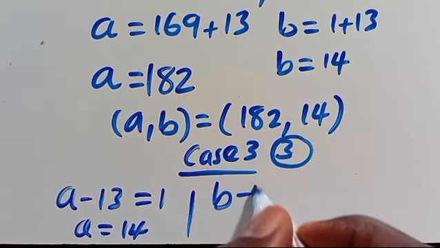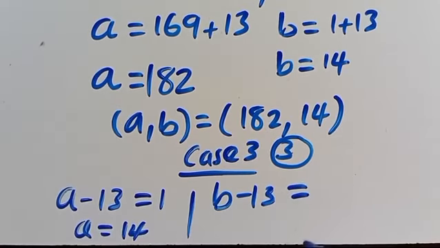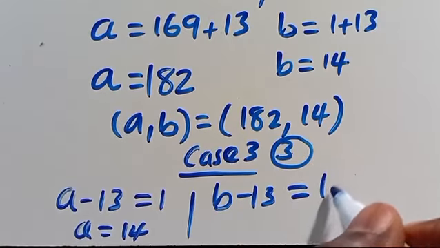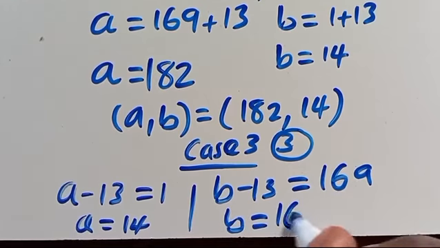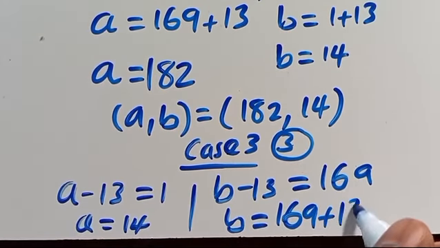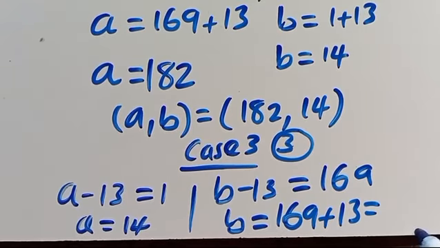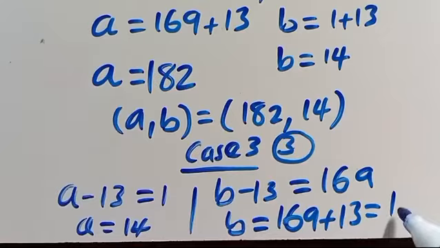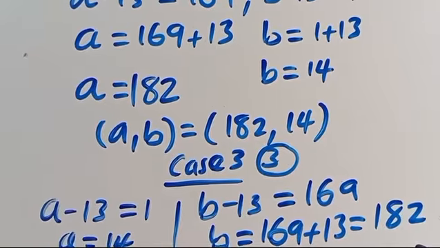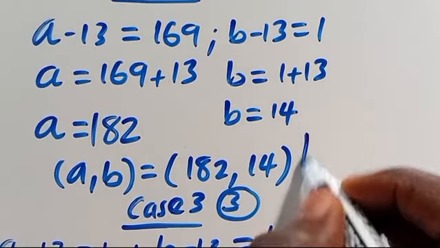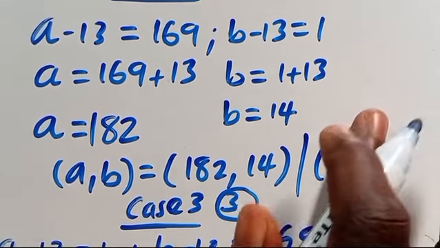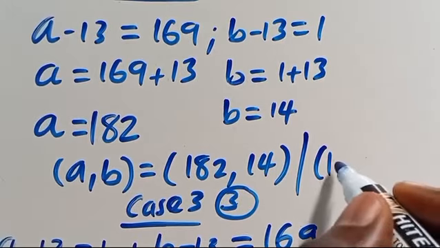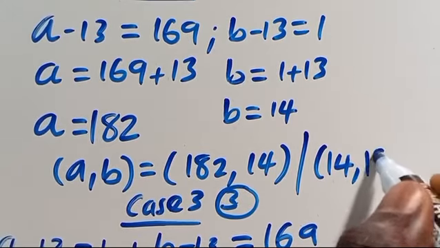We have b minus 13 equals 169. So we are going to have b equals 169 plus 13 equals 182. So the other way around, we also have 14, 182.